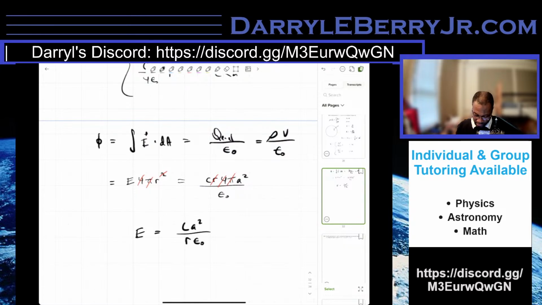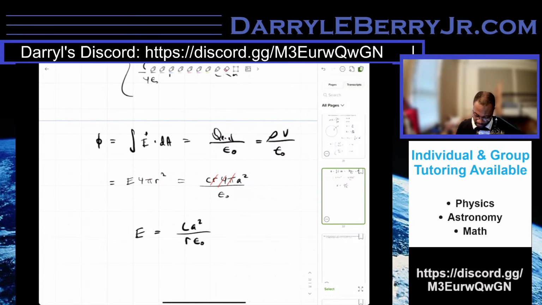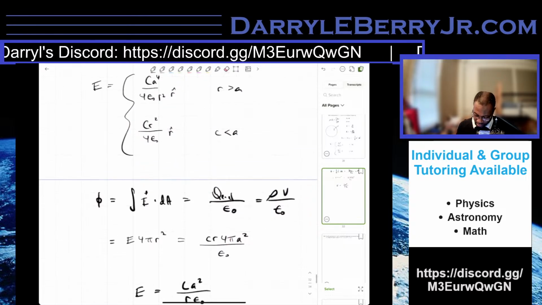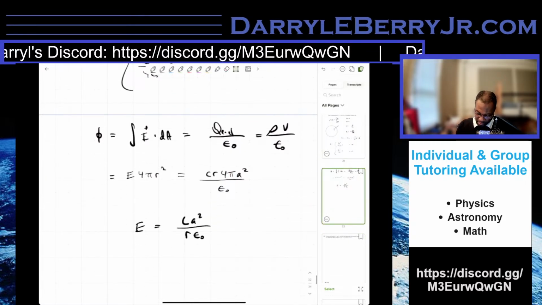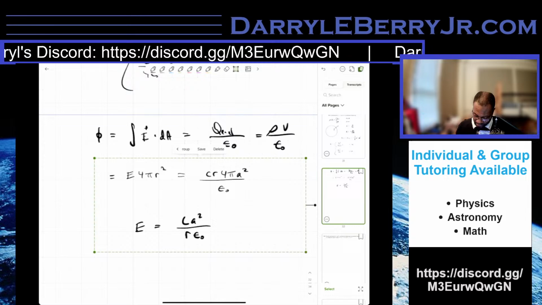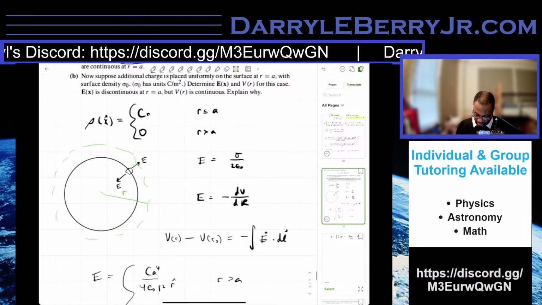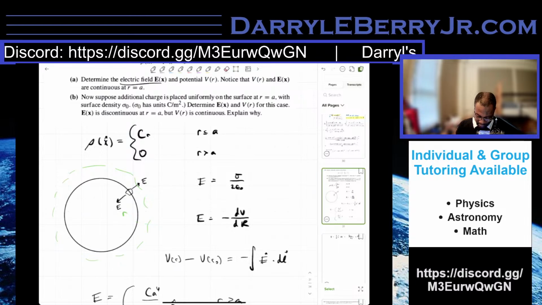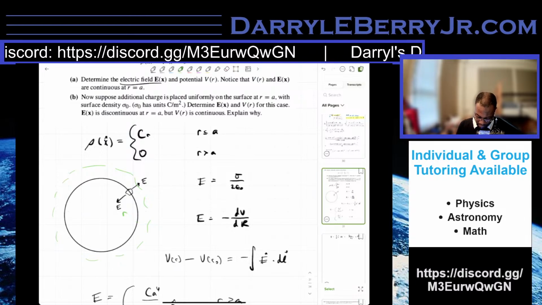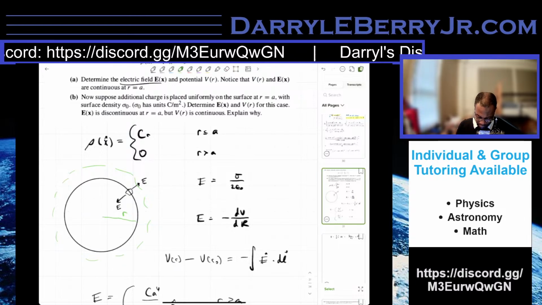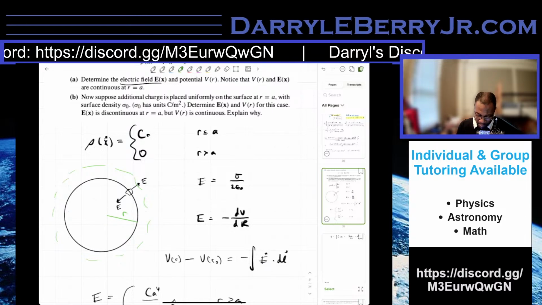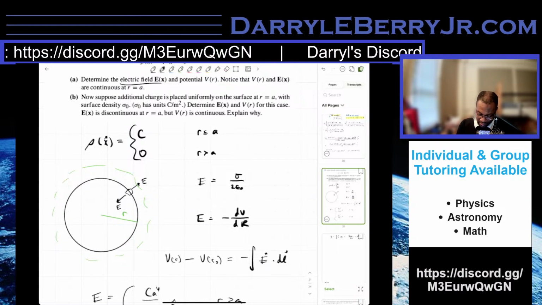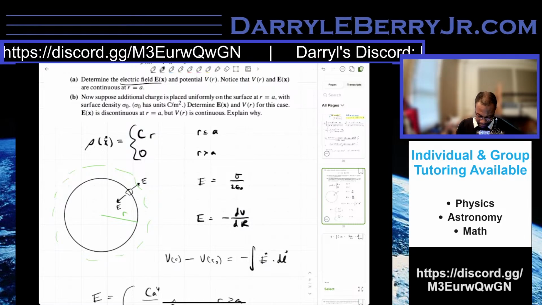So the charge density over here, I should have to integrate to get the charge because the charge changes. I was thinking about a continuous charge, but the charge is 0 here in the center. And because the charge density is C r, it increases as it goes out.